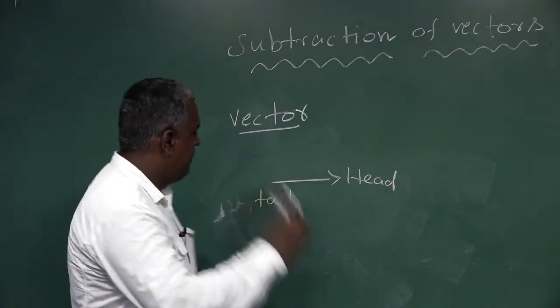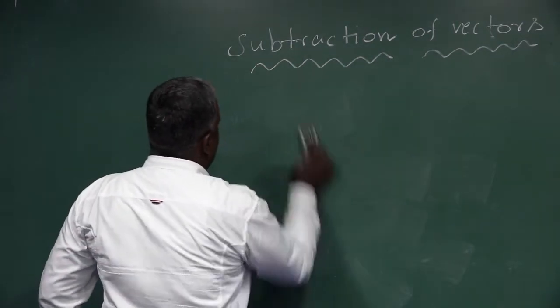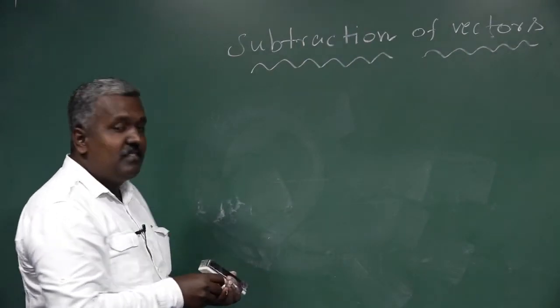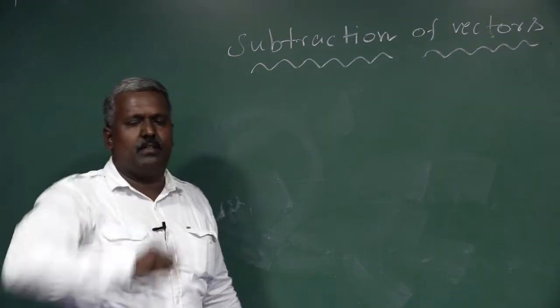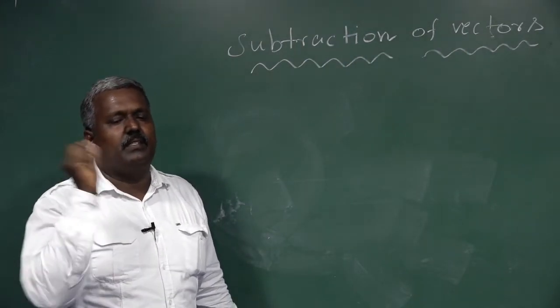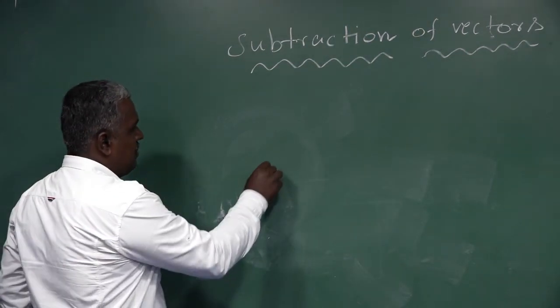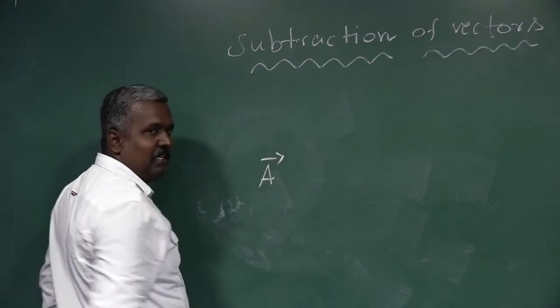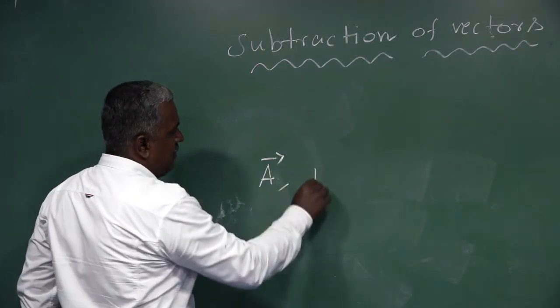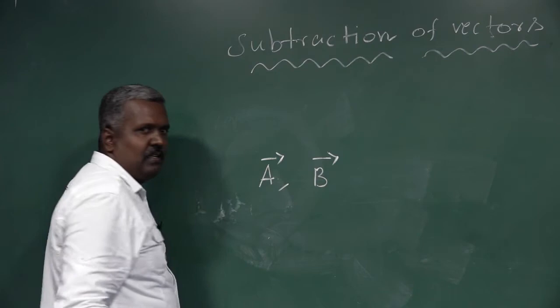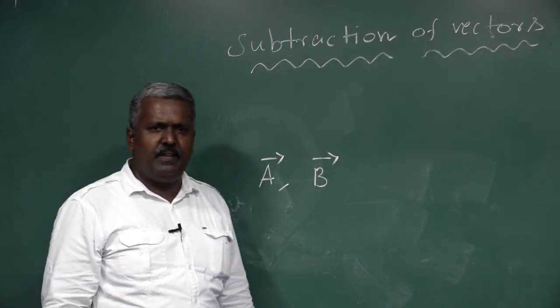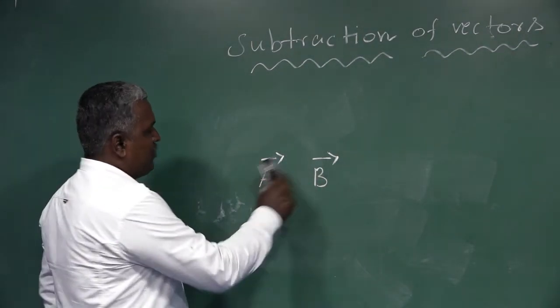Then, how do you write it in symbol? For example, A vector, or C vector, or B vector. A vector, then B vector, like this.